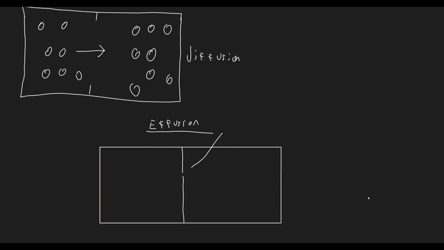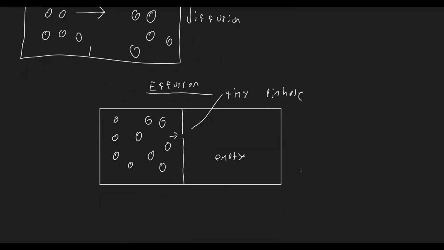And we'll say that that is a tiny pinhole. We're going to have particles in here again of gas, and they are going to go through that pinhole into an empty chamber. This is known as effusion. And this is pretty much measuring the rate at which gas particles will evacuate a chamber through a tiny hole.